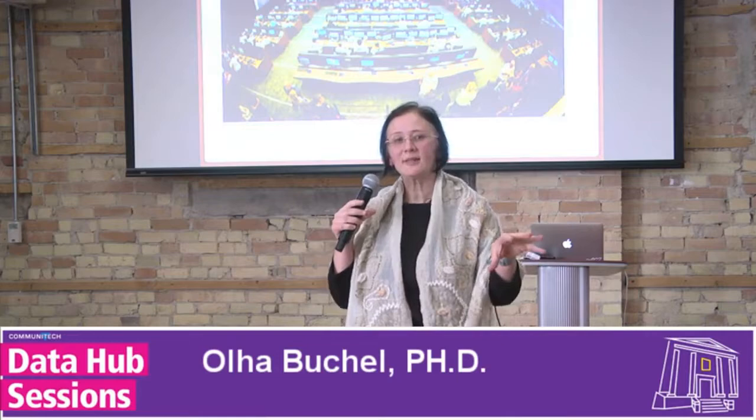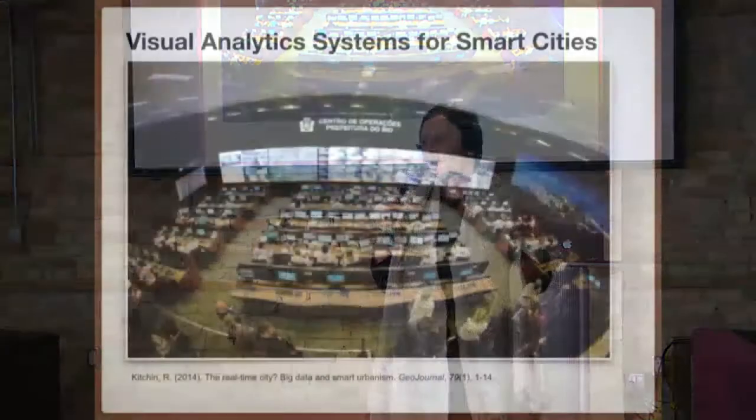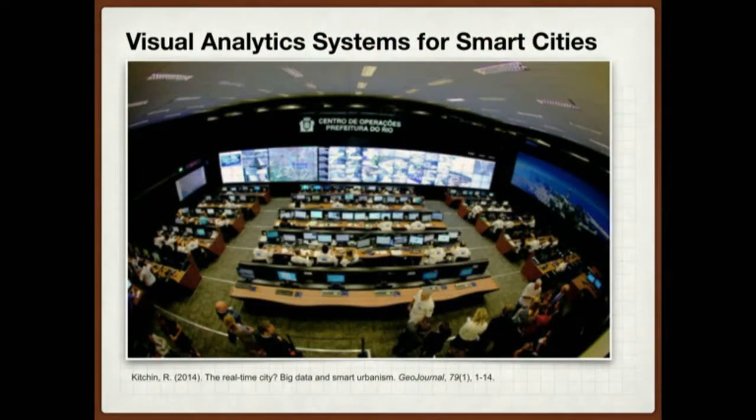You can see, for example, if there is a crime in the city, and you can see how the police are reacting. And then at the same time you can watch that an ambulance is coming, and how other systems are involved in this. That's the idea behind this visual analytics approach.